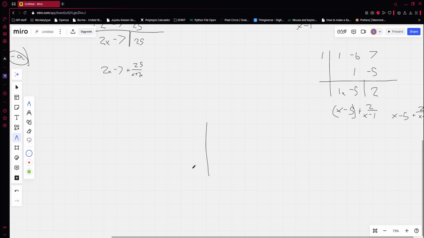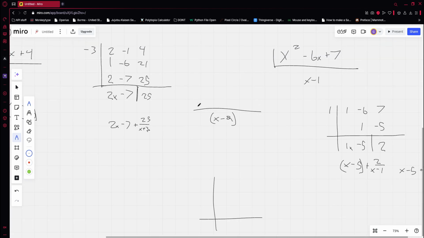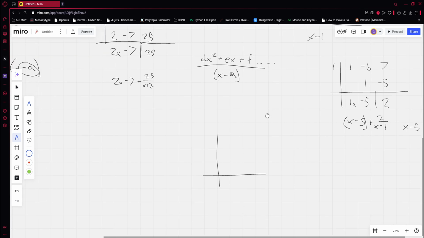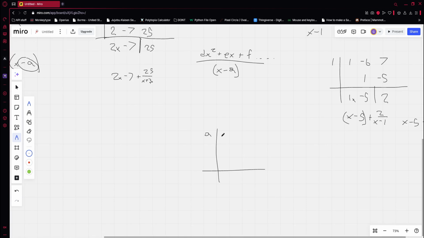You're going to take your x minus a, and then on the top you have, let's say, dx squared plus ex plus f. Right? And this can go on forever. Does not matter. But for our purposes, it's going to go like that. So you put a right here, and then you put d, e, f.